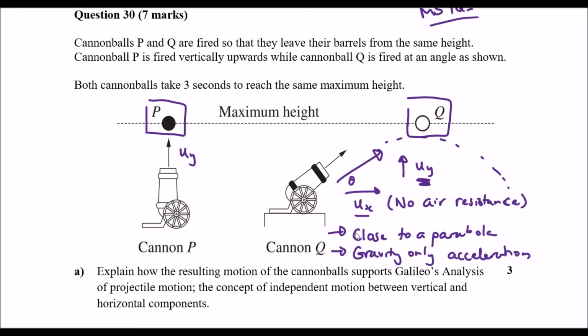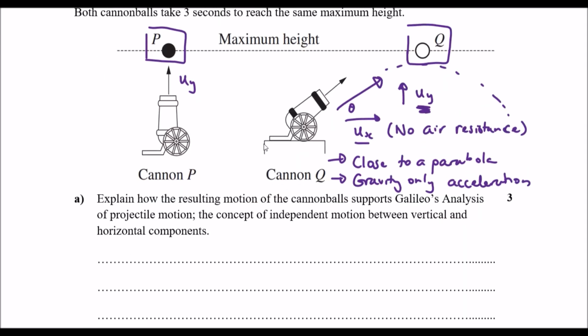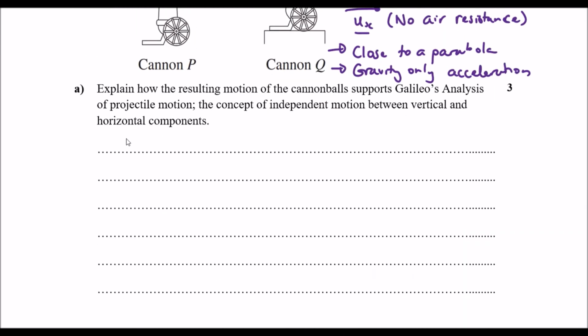And again, it goes back to the fact that gravity is the only thing accelerating the two objects in the y component, so they both experience the same amount of acceleration. So hopefully that gives you a little rundown on what we could be talking about here. So let's have a look at our explanation.